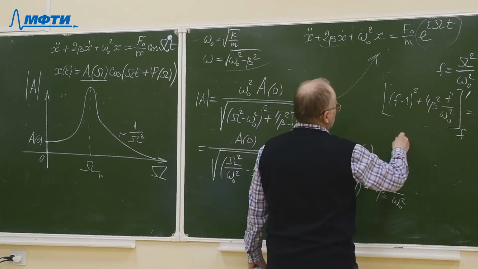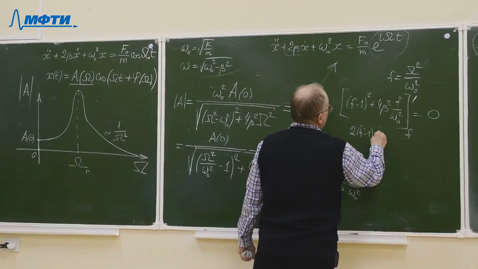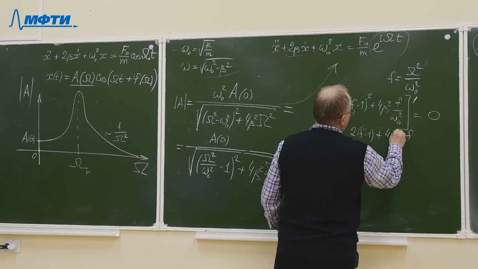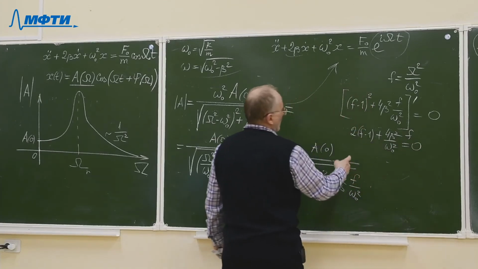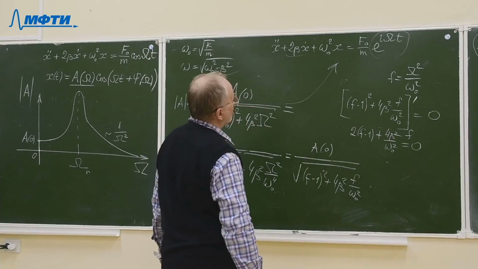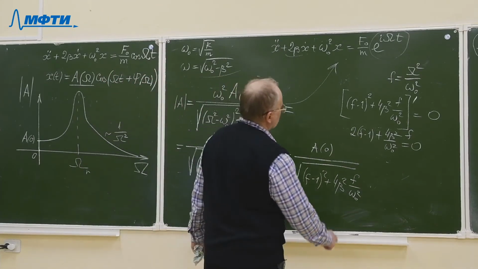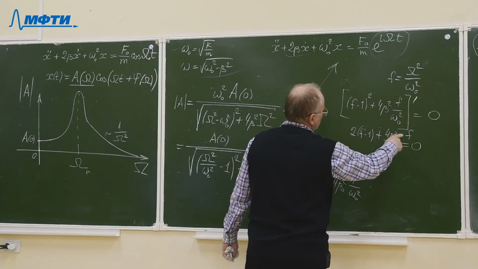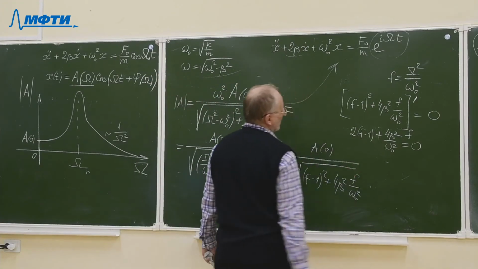So if I take a derivative, I obtain 2 times (f minus 1) plus 4 beta squared divided by omega 0 squared equal to 0. Is that correct? Yes, that's correct.